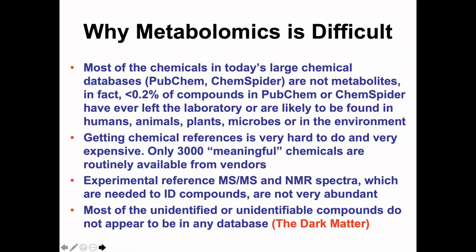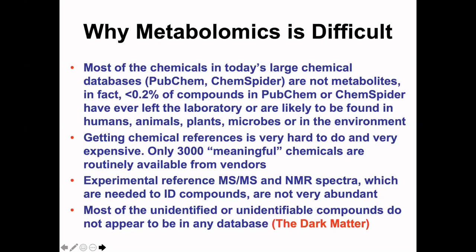The other point that's been raised is that getting authentic chemical references is both hard to do and expensive. If you go through standard sources and you have about $1 million, you can probably buy about 3,000 meaningful chemicals, which then you can use to collect MS spectra.